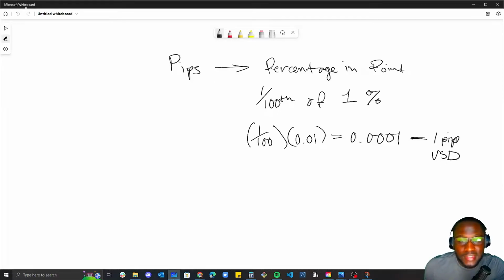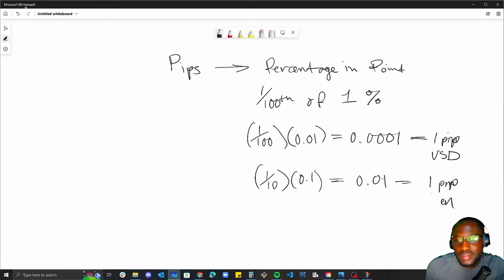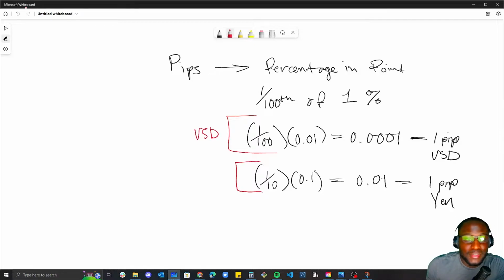The yen is actually 1/10 of 10%, and if you do the math, you get 0.01, and that is equal to 1 pip in yen. Cool. So we know what a pip is in USD, and we also know what a pip is in yen.